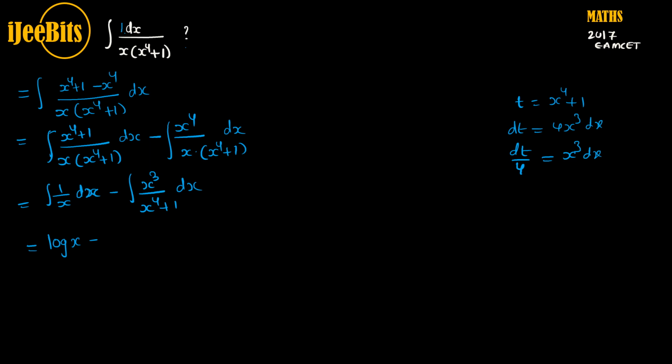It is nothing but integration of 1 by 4 and 1 by t dt. It is nothing but log t. So log x minus 1 by 4 log t. T means this overall, so you have to replace x to the 4 plus 1, plus c. Correct? This is the answer. Easy.